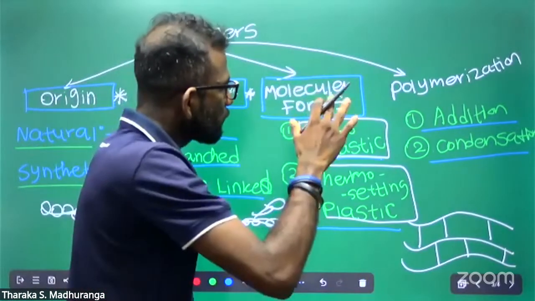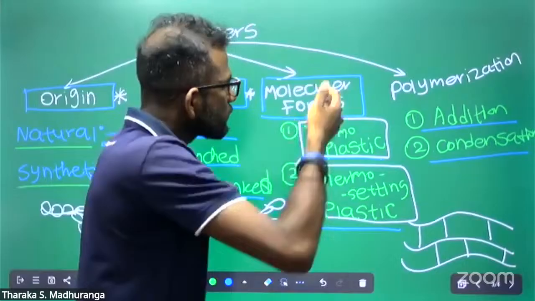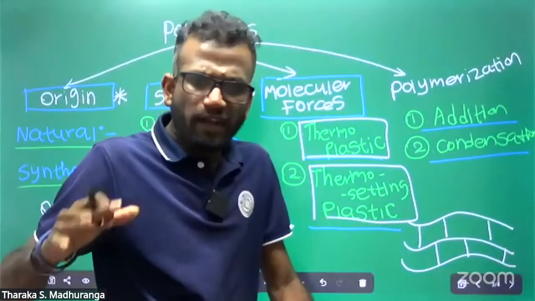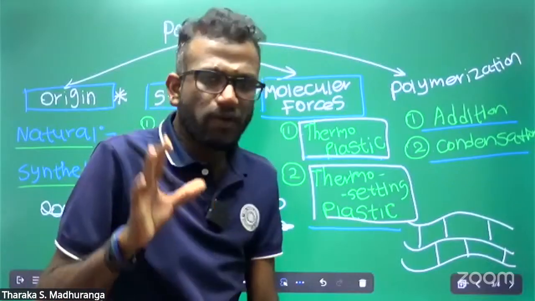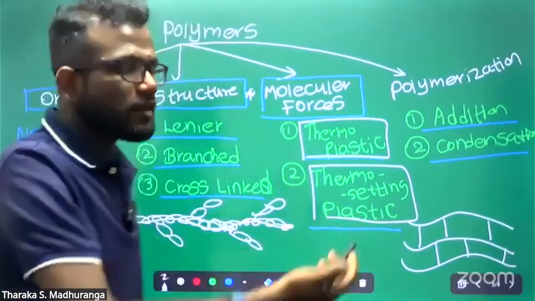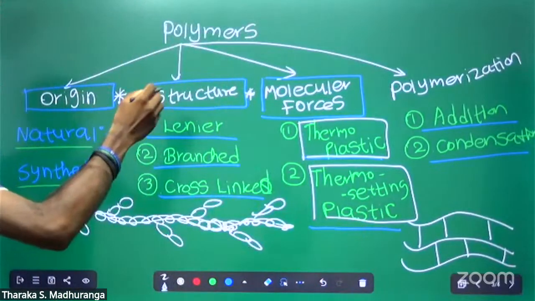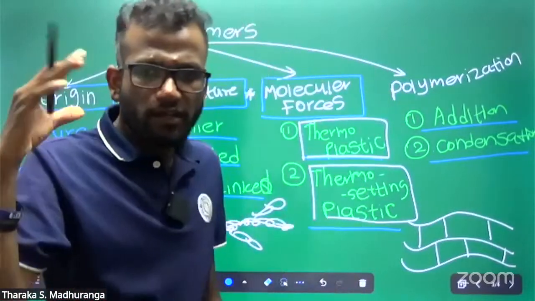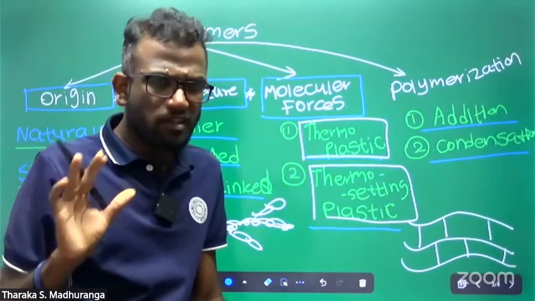According to the molecular forces, plastic, I think now you have a brief idea. That's enough. When I mention these names, if you have enough idea, imagine it in your mind.